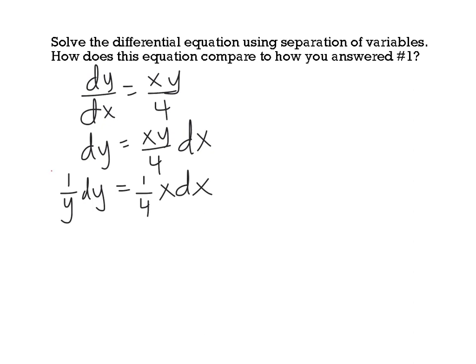Now we need to integrate. So really dig into those toolboxes in your brains. The integral of 1 over y dy is going to be natural log of the absolute value of y. And then the antiderivative of 1/4 x dx is going to be 1/4 of x squared over 2 plus c.